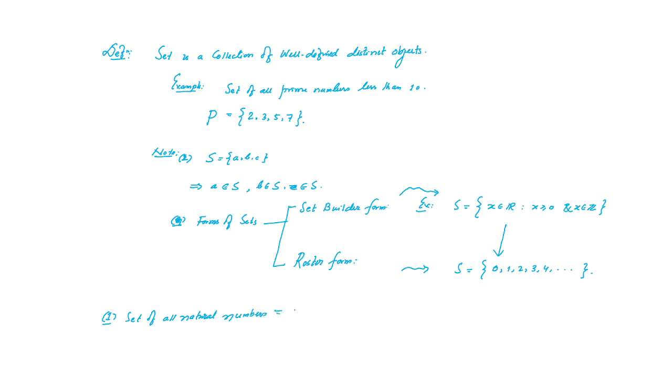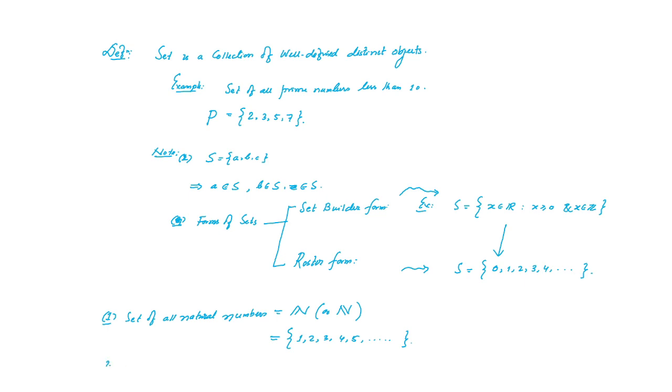This set will be represented by N, or you can write it in that way. In some books you will see this symbol, some books you will see this type. So what is the meaning of the set of natural numbers? This is a universal symbol. This is 1, 2, 3, 4, and 5, and so on.